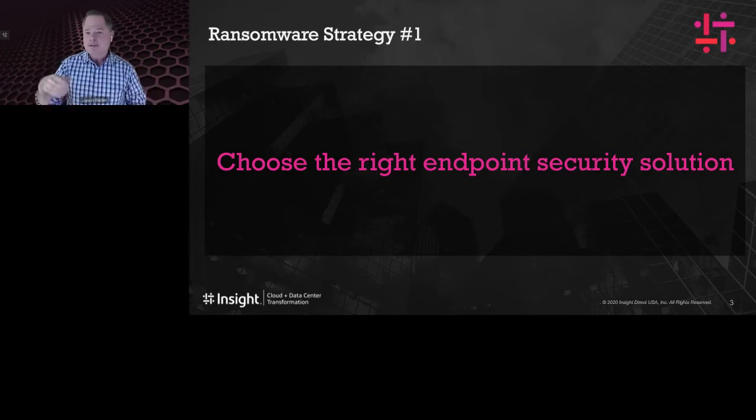If I'm seeing something happen on an endpoint and then I see RAR files being dumped somewhere, and then I see them moving out of the organization without being blocked, or password protected RAR files leaving the organization, that to me is a pretty clear indicator. Who uses RAR anymore? But that's the kind of thing we're talking about. From a strategy on endpoints, it's not that the strategy is buy the best one. The strategy is buy the best one for you.